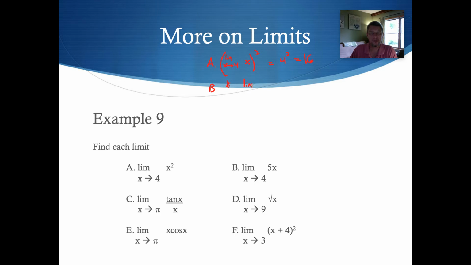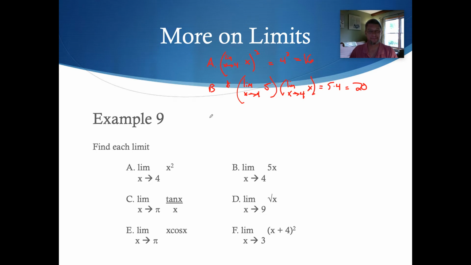So the limit as x approaches 4 of 5 times the limit as x approaches 4 of x, all right, which of course the limit as x approaches 4 of 5 is simply 5, and the limit as x approaches 4 of x is 4, and so the limit in this case is simply going to be 5 times 4, or 20.